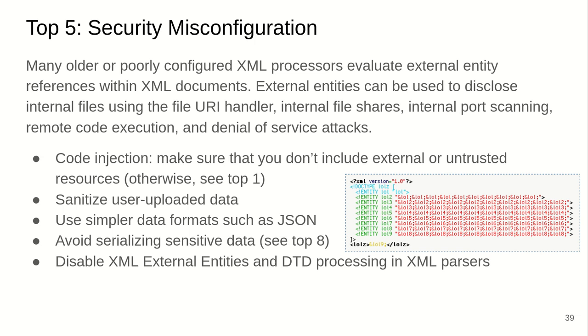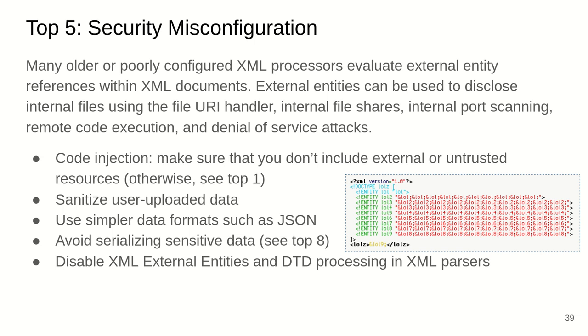Many older or poorly configured XML processors evaluate external entity references within XML documents. External entities can be used to disclose all kinds of internal files using the file URI handler, internal file shares, port scanning or whatnot, and just provide a large amount of functionality to attackers.